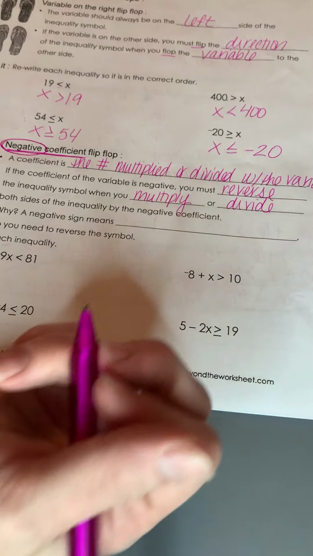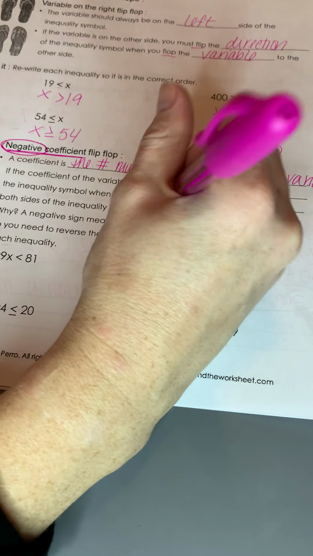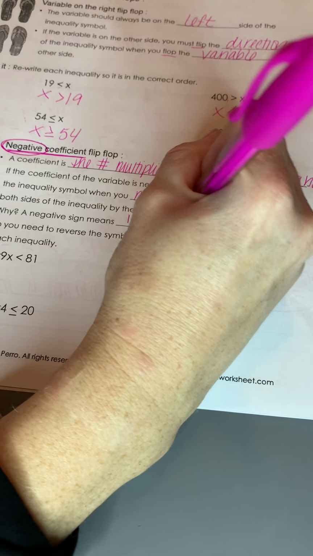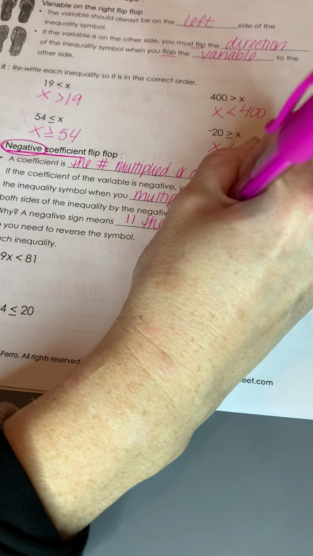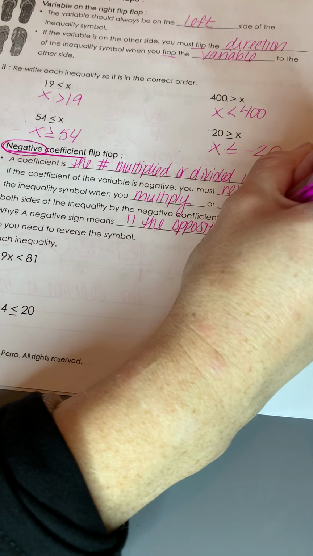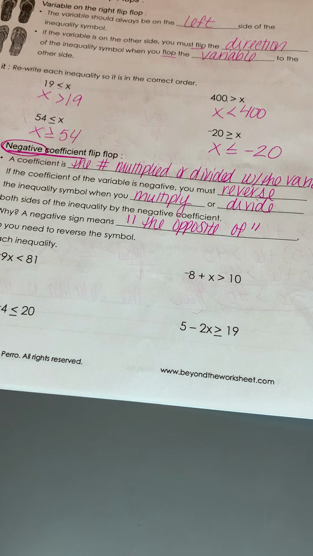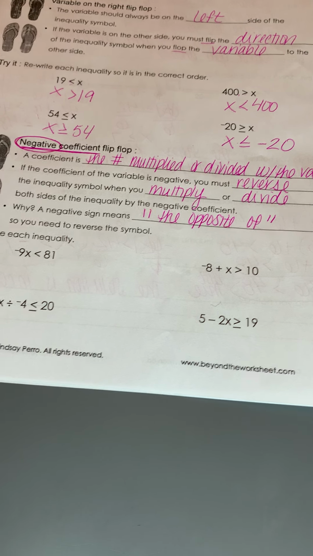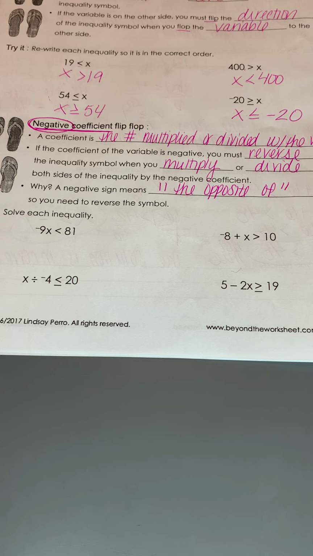Why? A negative sign also means the opposite of. So it's the opposite of what you have. So you switch. If it was greater than, it's less than. If it was less than or equal to, it switches to greater than or equal to. So then we have 4 examples for solving.